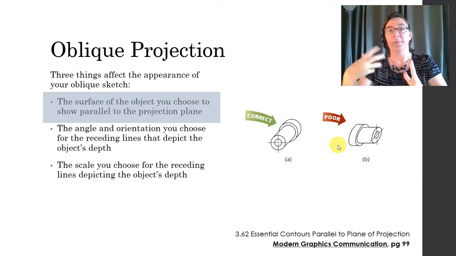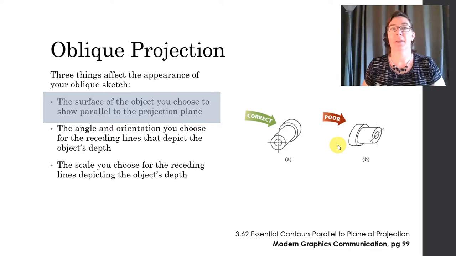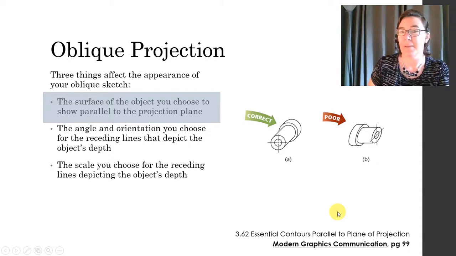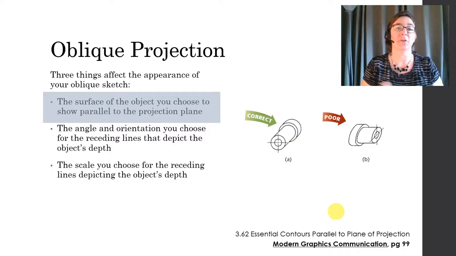And you can, of course, in your mind, turn the object to pick which one that is. And that will definitely affect the way your sketch looks. And here is an illustration of two different choices of surfaces. In this case, kind of a better choice and a poor choice for that particular surface or object, excuse me.